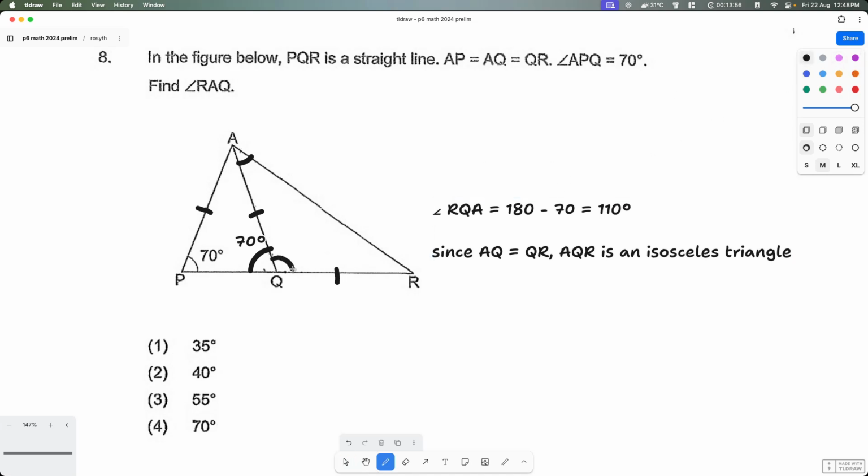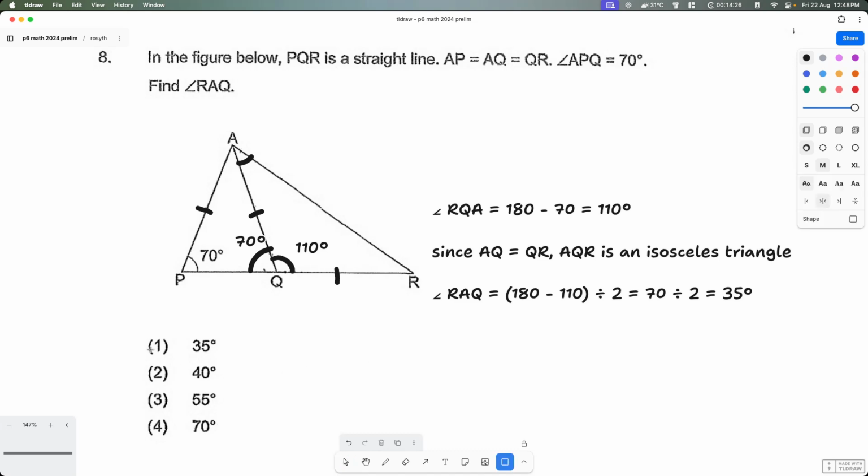So this is 110 degrees. Then we can just get RAQ by just dividing by 2. So angle RAQ is equal to 180 minus 110, and divide this by 2. Okay, and this will be 70 divided by 2, 35 degrees. Okay, so the answer is option number 1. Okay, let's move on to the next question.